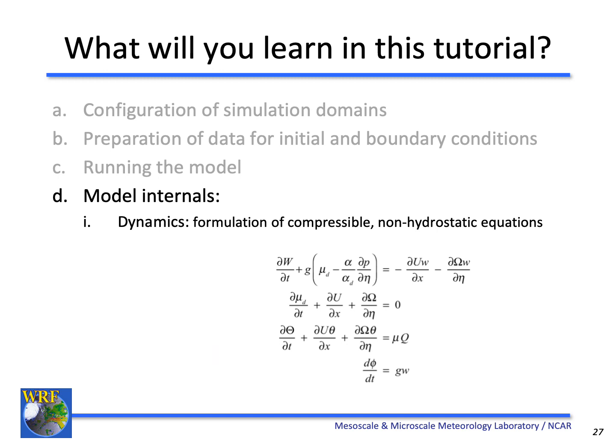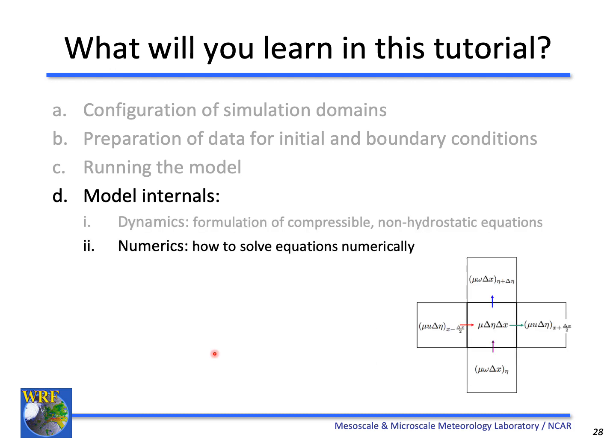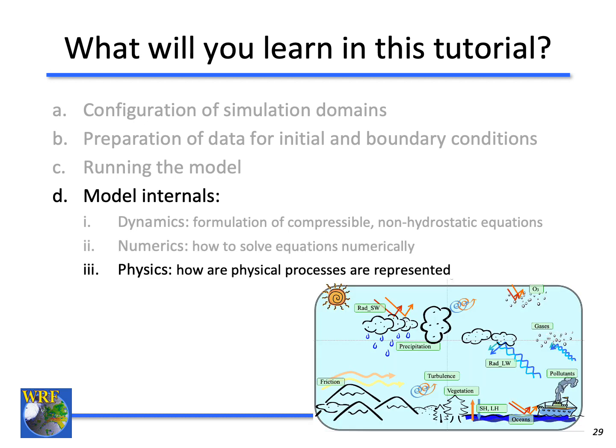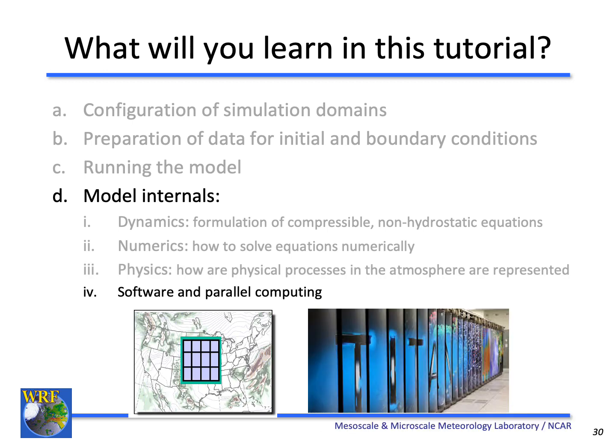This includes how the model is formulated and how we solve model equations numerically. We're going to learn the physics in the model and what processes in the atmosphere are represented. We're also going to learn something about model software and how we can run the model efficiently using large computers.